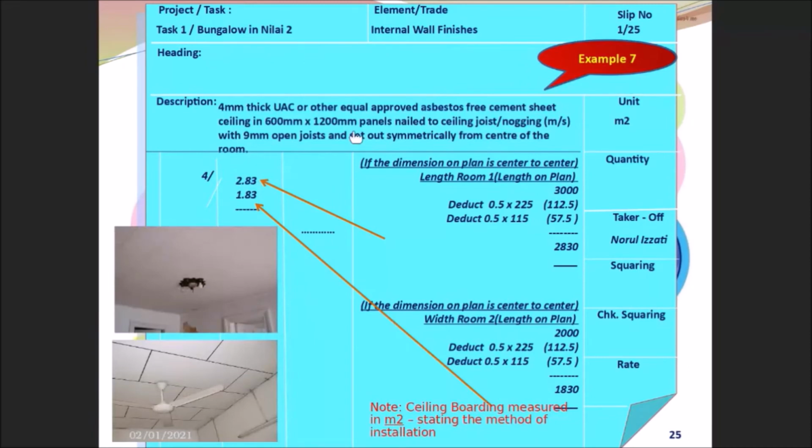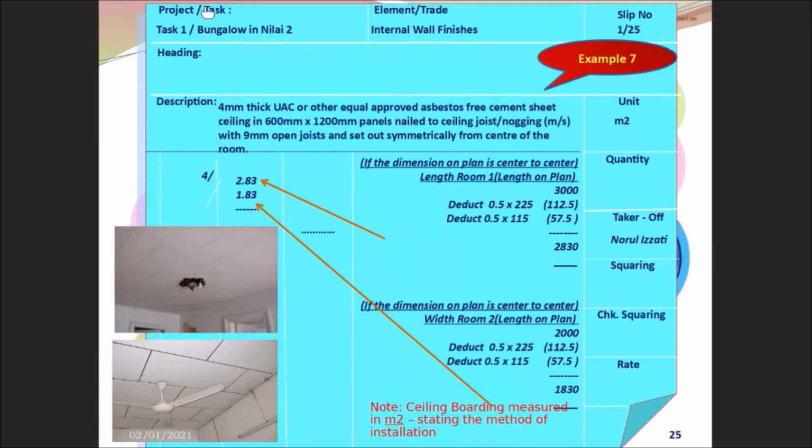This is one of the examples of the description for the suspended ceiling that is made from asbestos-free cement sheet ceiling. This one normally comes pieces by pieces. Traditionally, you can see this is the shape, and then the black color is actually your nogging. This is the nogging and the ceiling joist, either one. Okay, so it comes in one piece and one piece.